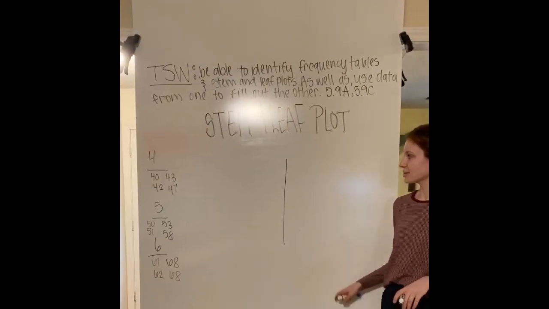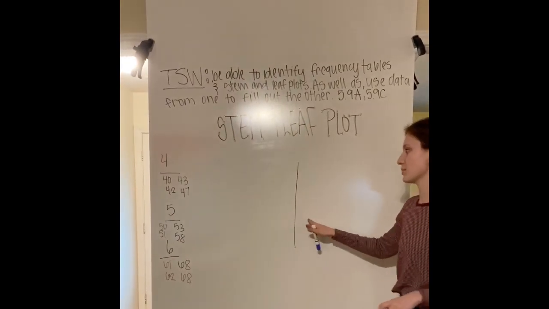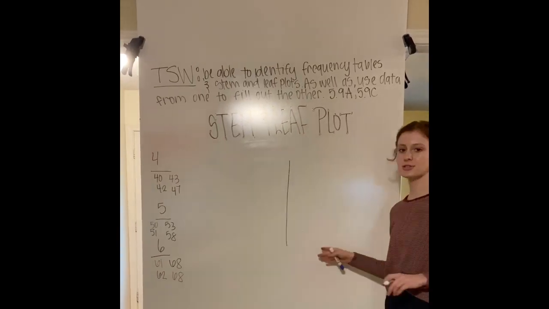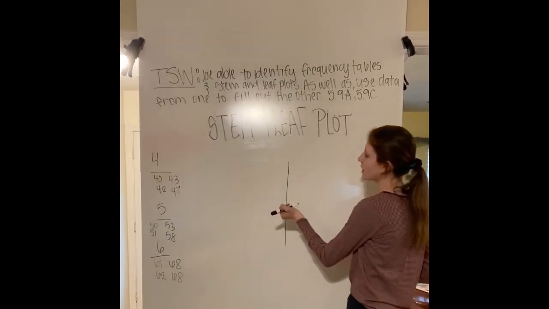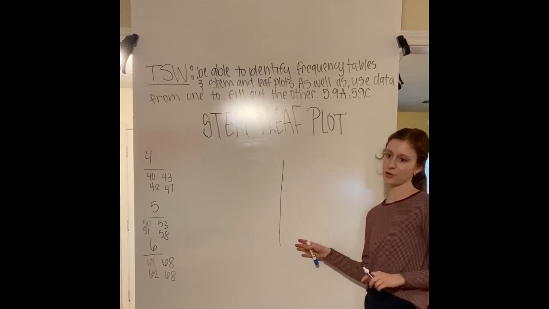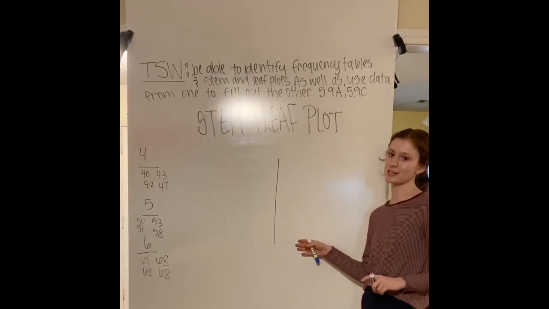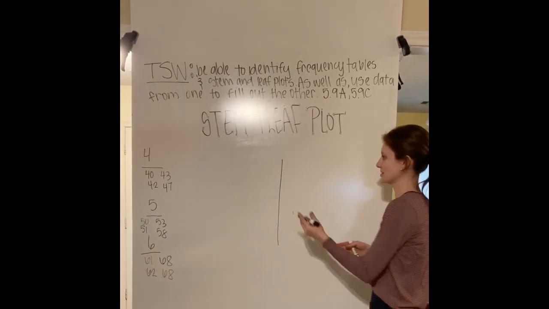Okay, so now let's get to our stem and leaf plot. So first we're going to label the graph, and if you remember from our graph earlier, it was the number of blueberries in a dozen muffins. So we are going to label this the same.